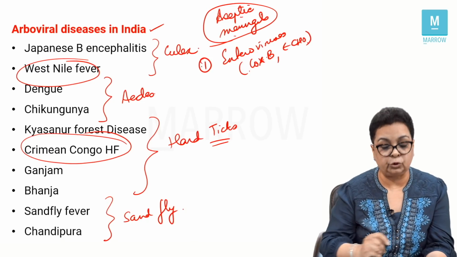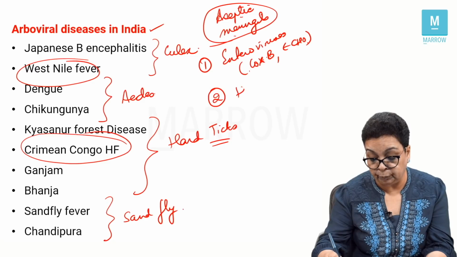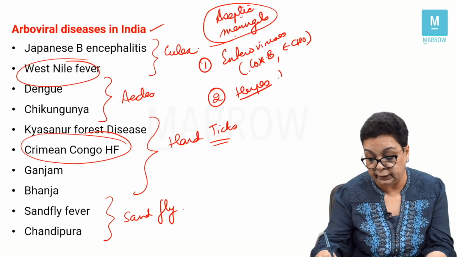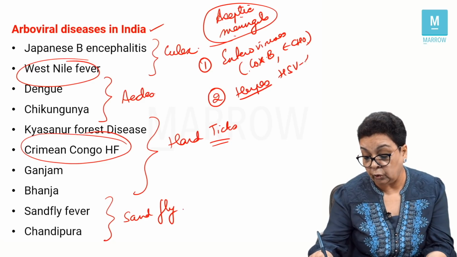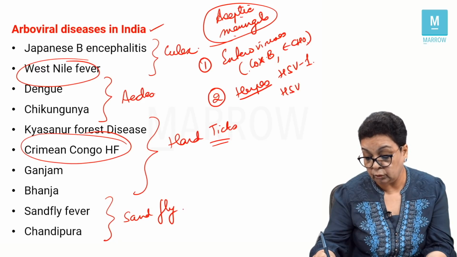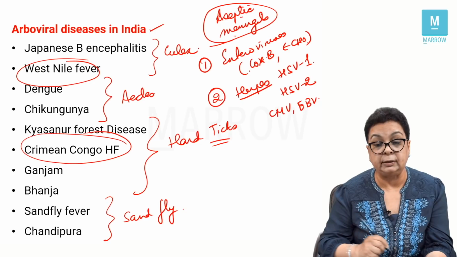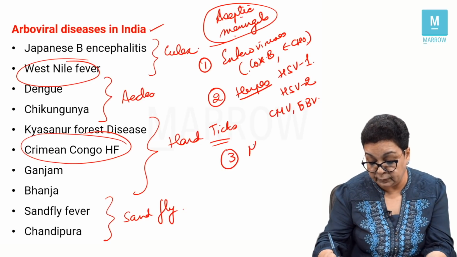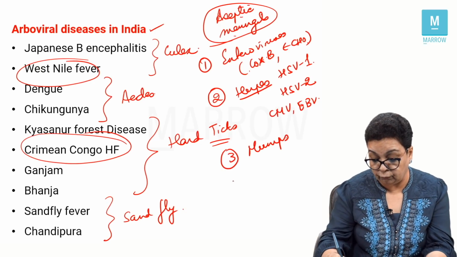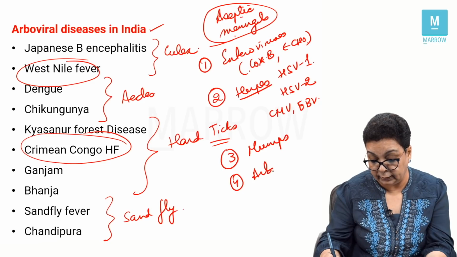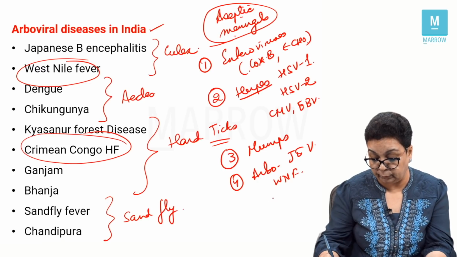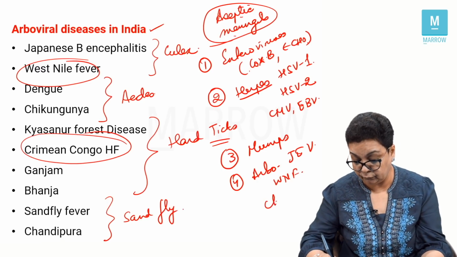So these are the most common, followed by herpes viruses, especially HSV1 or HSV2, sometimes CMV, sometimes Epstein-Barr virus. Then we can have mumps meningitis. Then, of course, arboviruses like Japanese encephalitis, West Nile fever virus, and rarely Chandipura encephalitis.